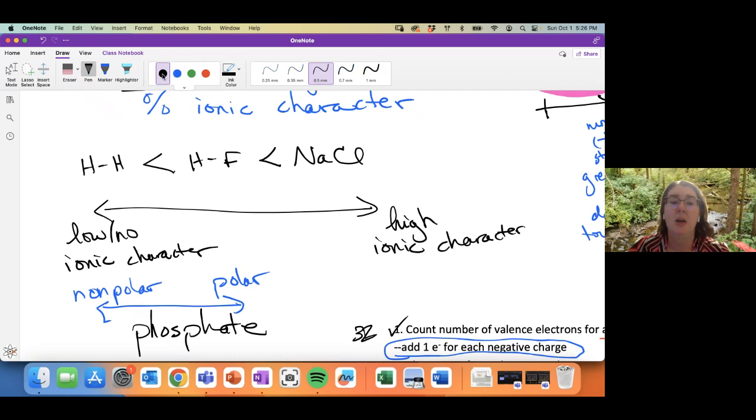Percent ionic character really just lets me put ionic compounds on the scale. So then instead of the top part of my scale being polar, which is still a covalent bond, I can basically go one farther and I can put ionic bonds on it instead.